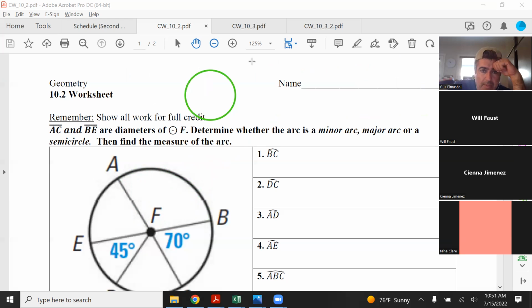And let me label this as A, and B. So I'll call this a minor arc. And I'll call this a major arc.